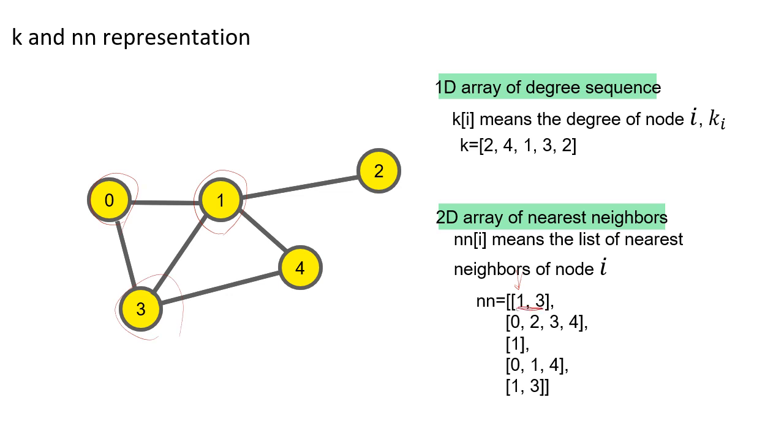And node 1 has neighbors 0, 2, 3, 4, so its element is like this one. So you can list all neighbors of node i by this two-dimensional nearest neighbor array.